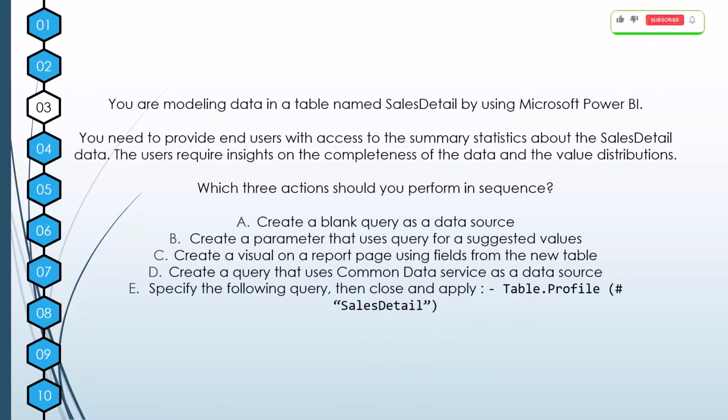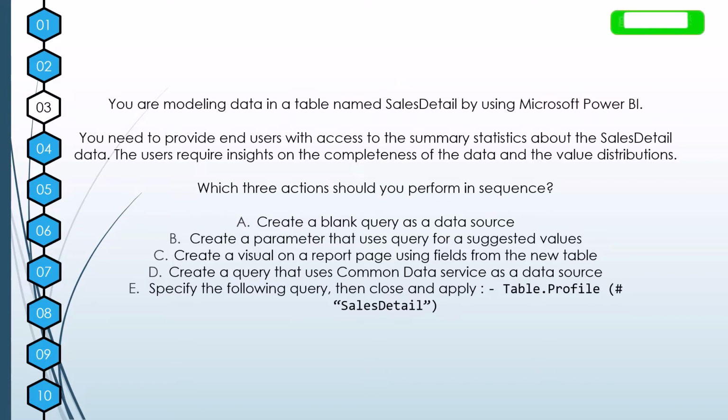You are modeling data in a table named Sales Detail by using Microsoft Power BI. You need to provide end users with access to the summary statistics about the sales detail data. The users require insights on the completeness of the data and the value distributions. Which three actions should you perform in sequence? A. Create a blank query as a data source.